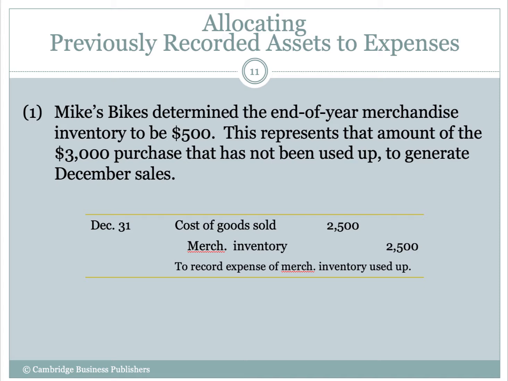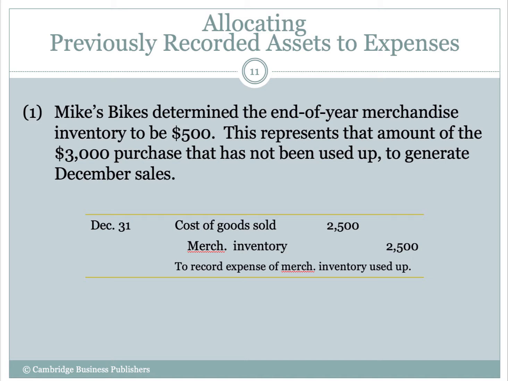So what we're saying here is that we're just looking at that merchandise inventory account. Throughout the month, we bought $3,000 worth of merchandise so we could sell it to the general public. At the end of the month, we do an inventory count and we find that we only have $500 of inventory left on our shelves.